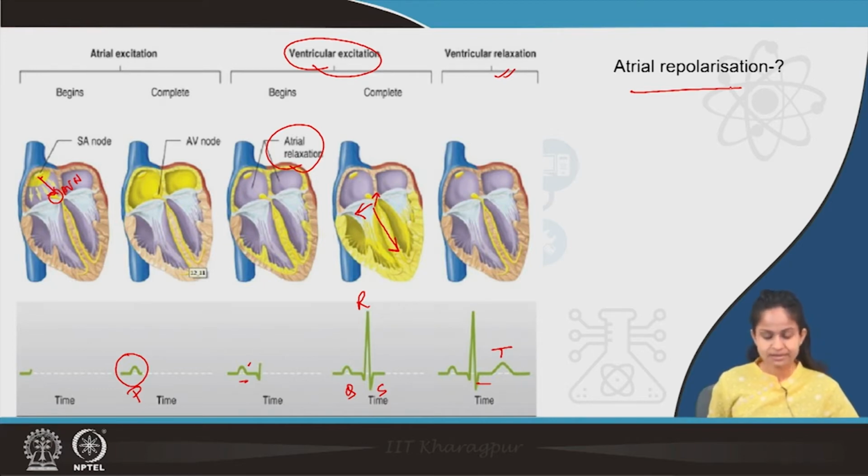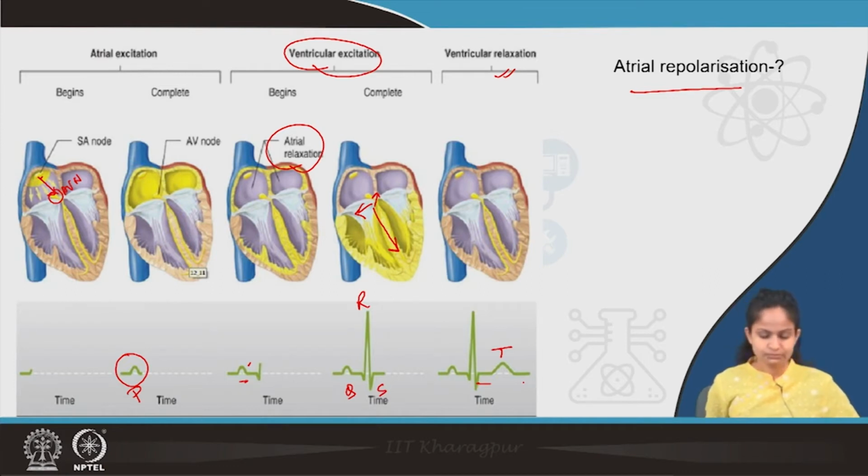What we see is the depolarization of the ventricles, the QRS complex, which masks the atrial repolarization wave. If we want to stress the atrial repolarization wave, it will be in the negative direction. This is all about your last class, which we had already described.